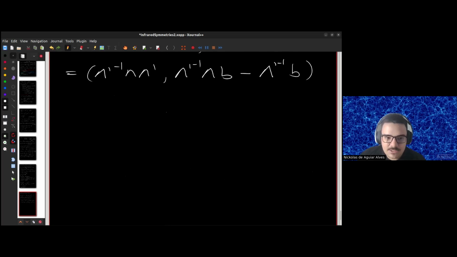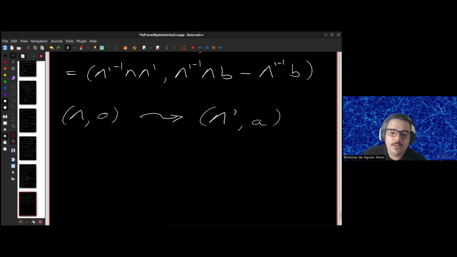So if in this notation I have that lambda 0 is a Lorentz transformation, I could just change notation somehow and get to some other notation in which this is actually lambda prime a, and this is now a Lorentz transformation.